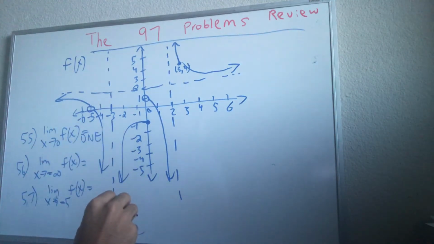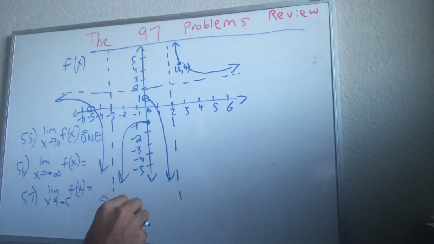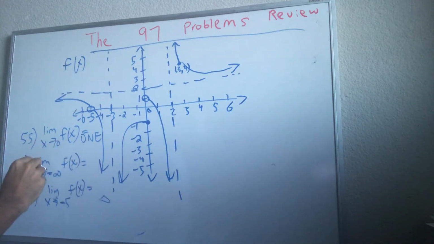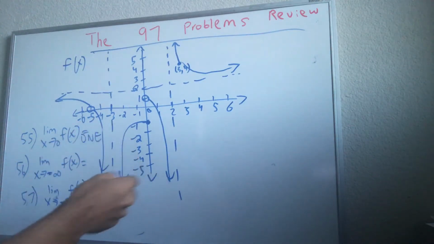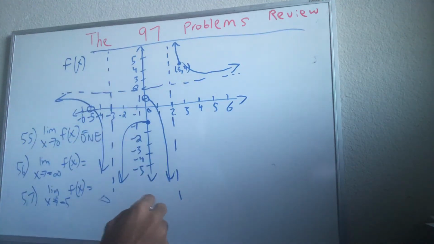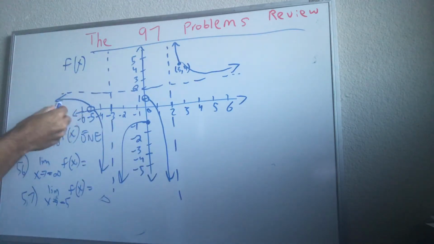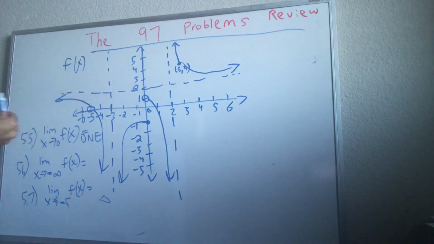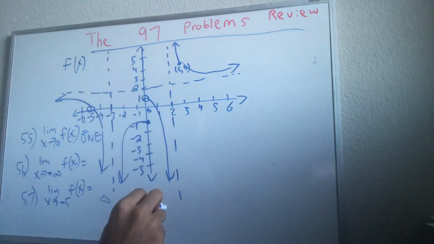Then comes question number 56, limit of f of x as x approaches negative infinity. So we're talking about going in this direction, the left hand direction, infinitely. Looking at this curve, it will infinitely go in this direction, approaching this horizontal asymptote.